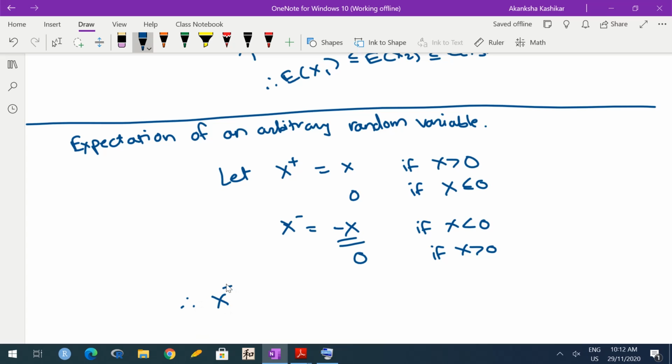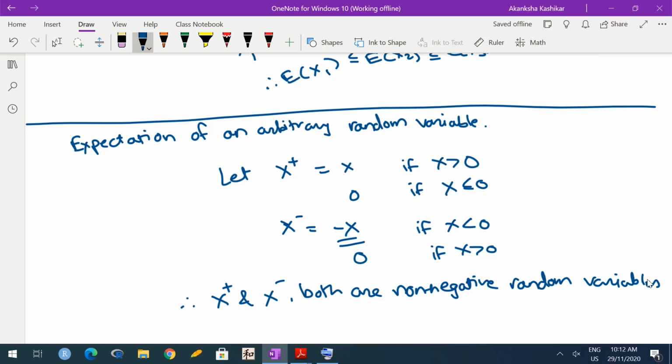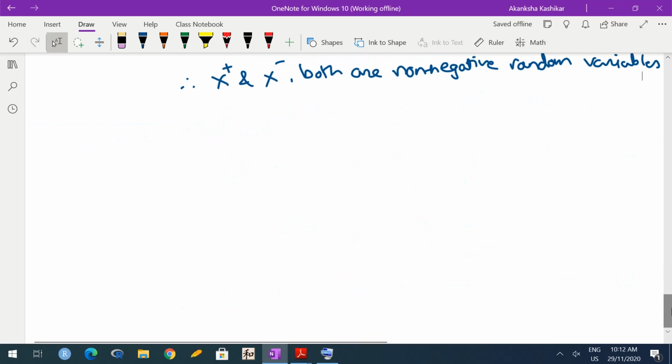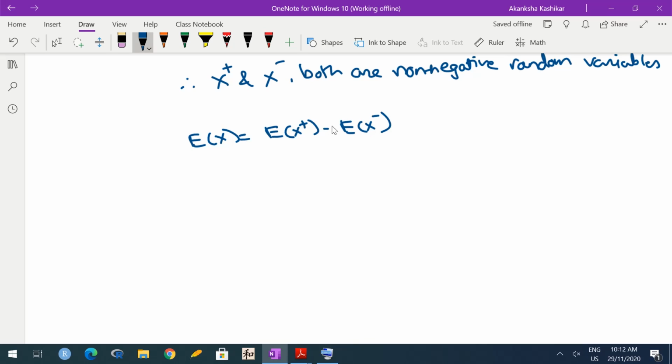Okay, therefore x plus and x minus both are non-negative random variables. Hence, now we know how to define their expectations, because we have already defined expectations of non-negative random variables, and I had given you homework to prove that x is x plus minus x minus. So expected x is defined as expectation of x plus minus expectation of x minus.